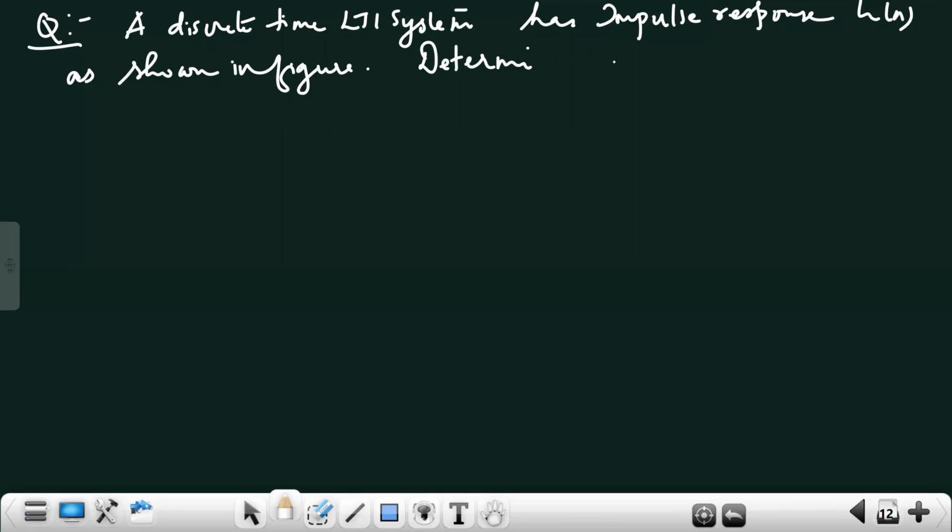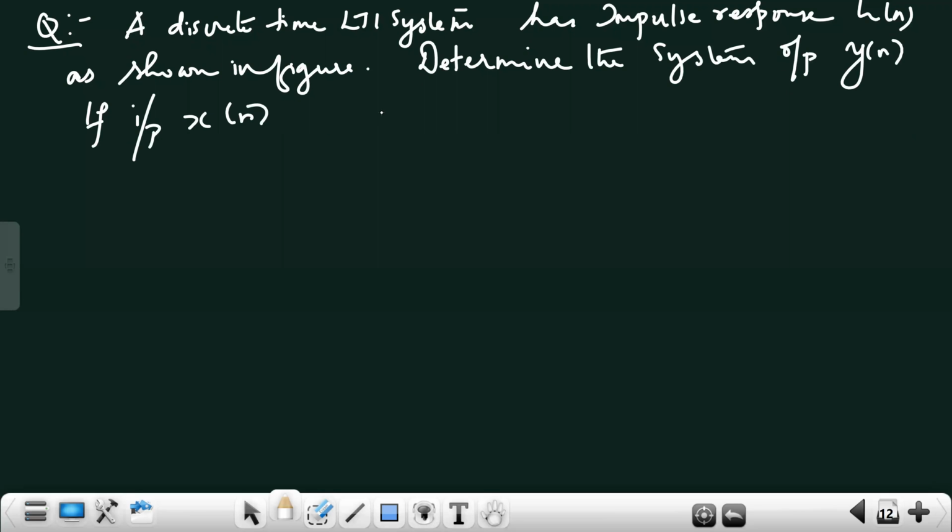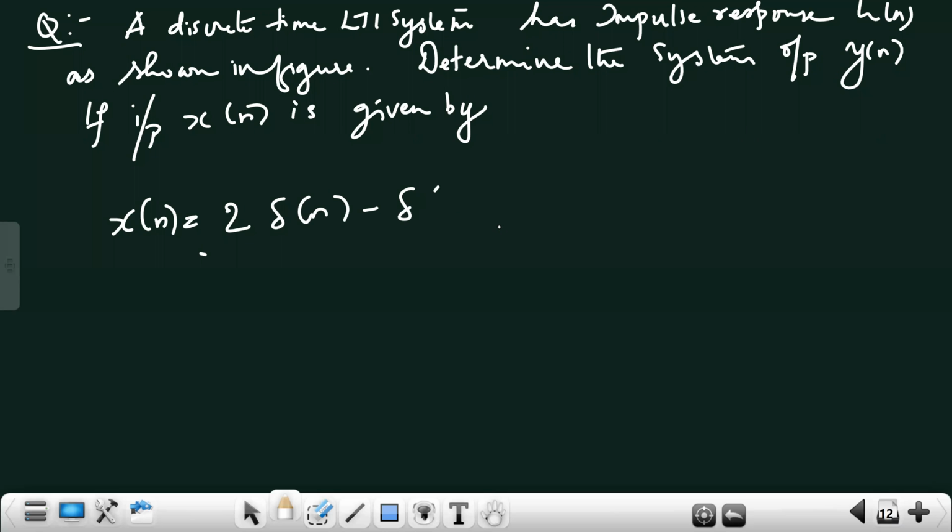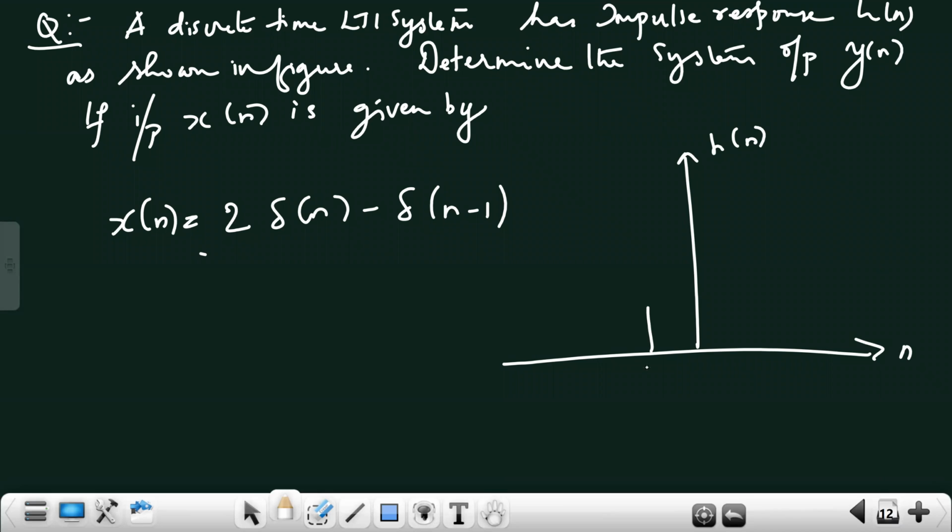Determine the system output y of n if input x of n is given by 2 del of n minus del of n minus 1. Take down the graph for h of n.